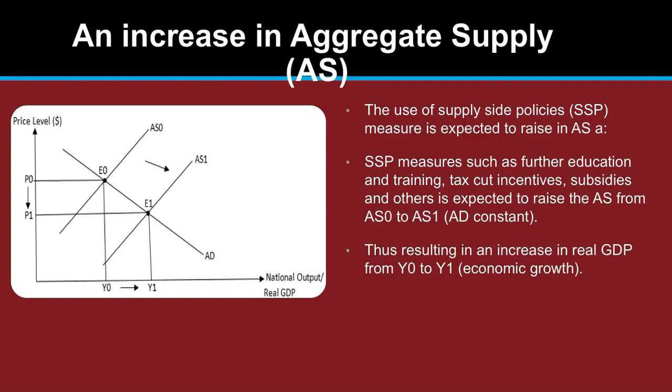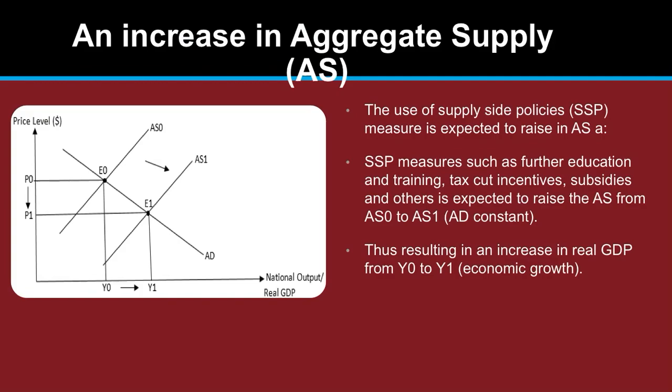So the other factor causing economic growth in the economy is the use of supply side policies. As the government implements the supply side policy measures, you can see the AS tends to shift rightwards from AS0 to AS1, which causes a new equilibrium point established at point E1, where this reduces the inflationary pressure in the economy.